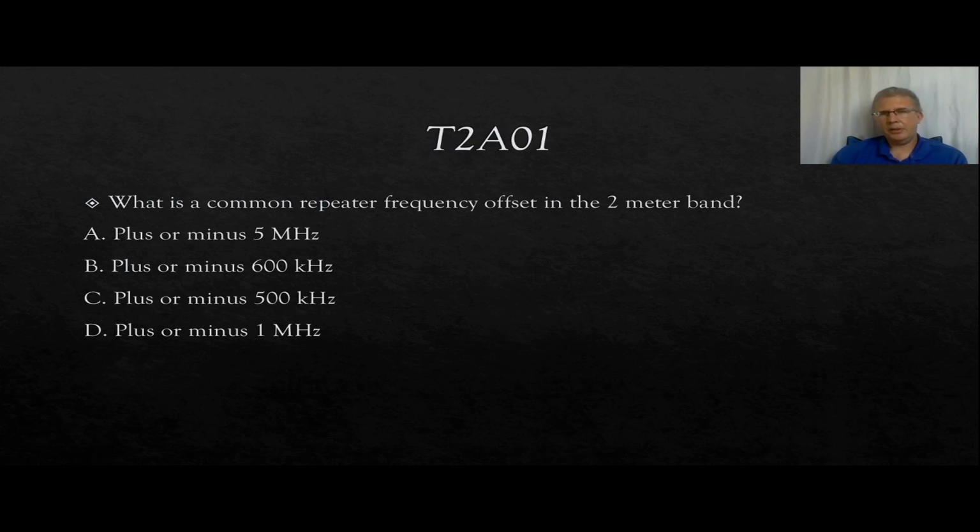When we're talking about an offset, we're talking about the difference between the repeater signal that I listen on and the one I transmit on to the repeater, so the repeater repeats out what I'm saying.